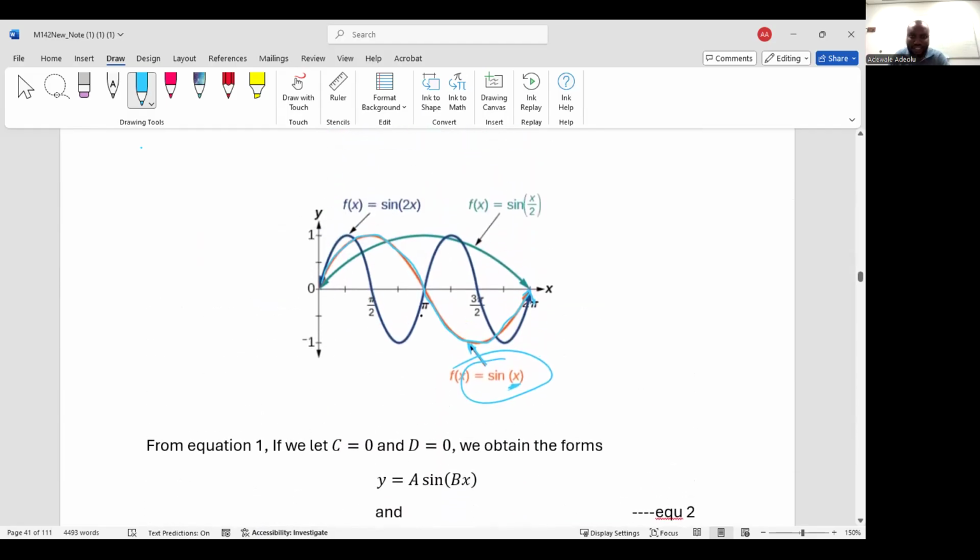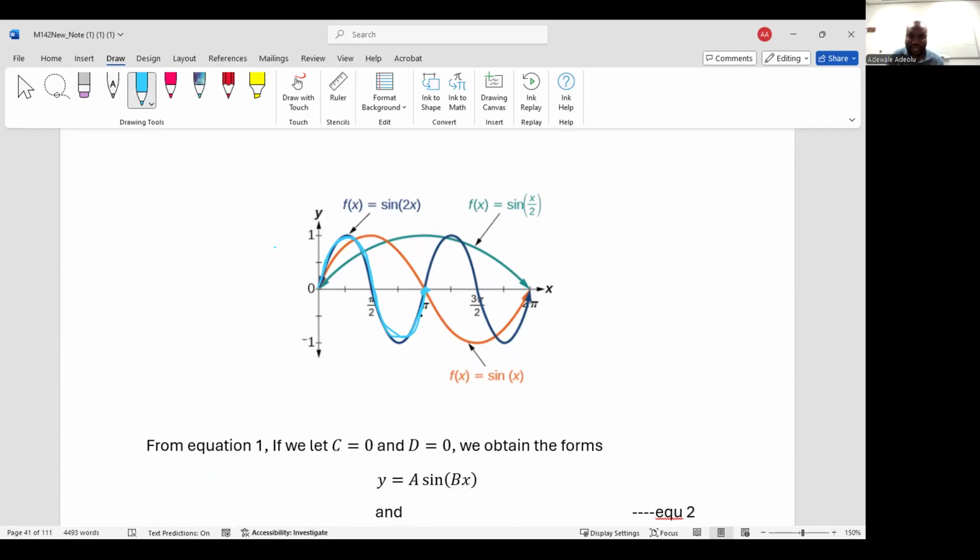Now, look at another situation. Let us study this. Look at it. We complete one full rotation here, right? You can see. The question is, why is that?